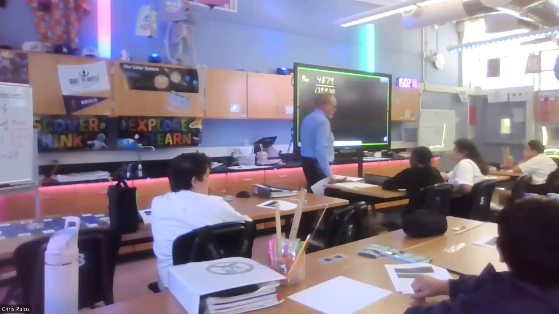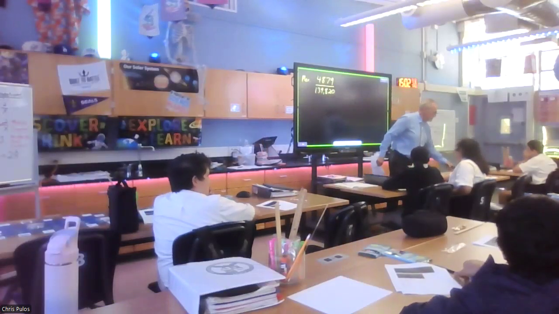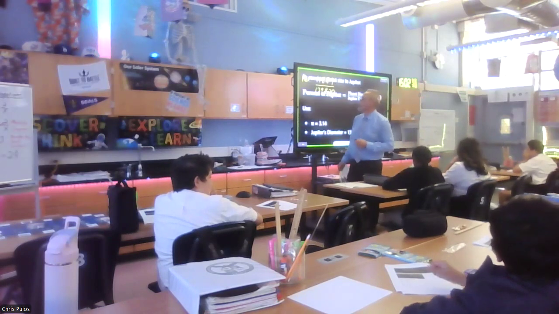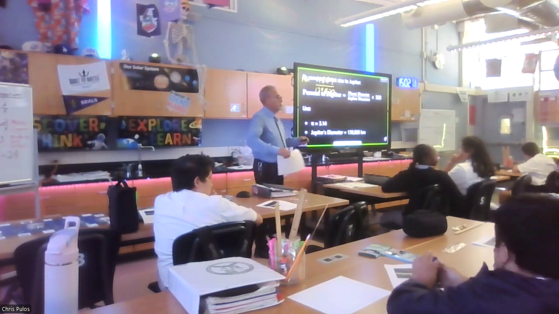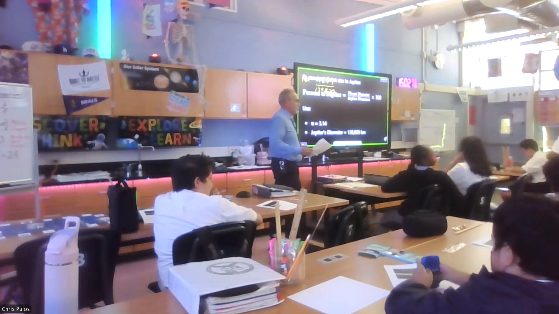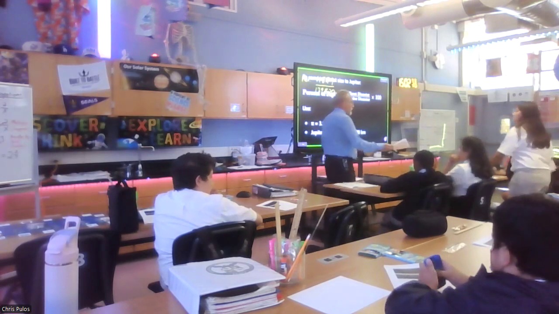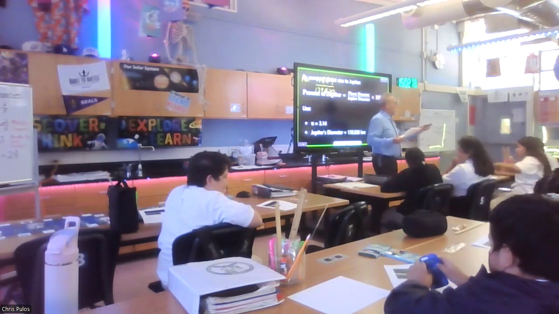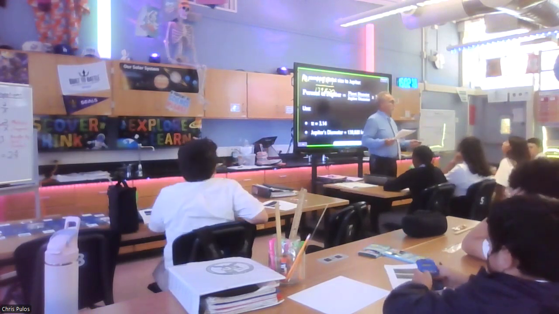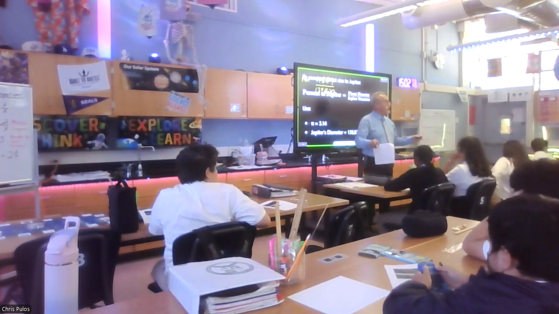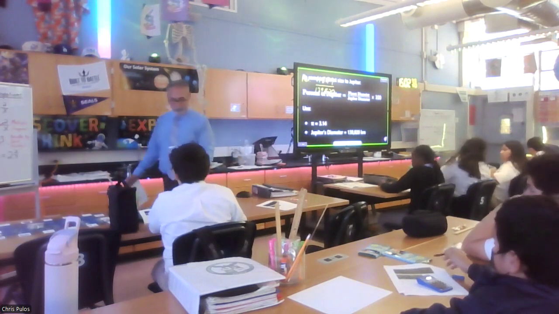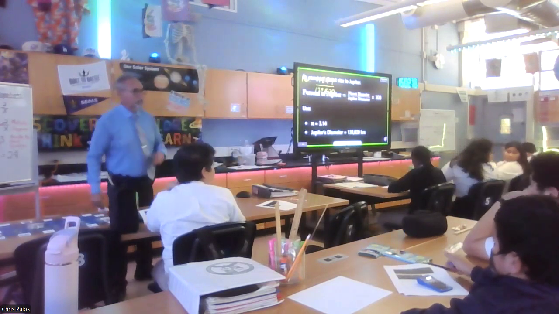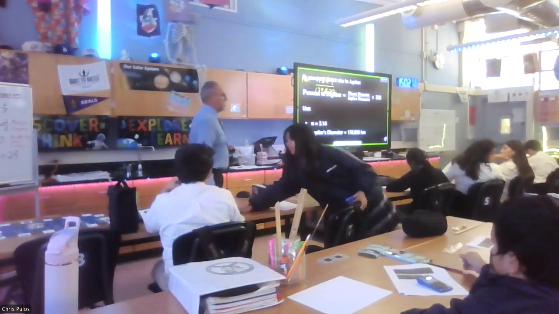I only wanted a couple calculators per table, so just have a couple. All right, you have one there, you have one there, good. That's okay, you can have another one. They have two up here, we're good. Okay, you have a calculator? All right, so share the calculators.